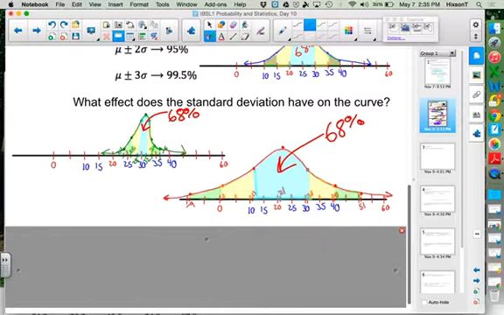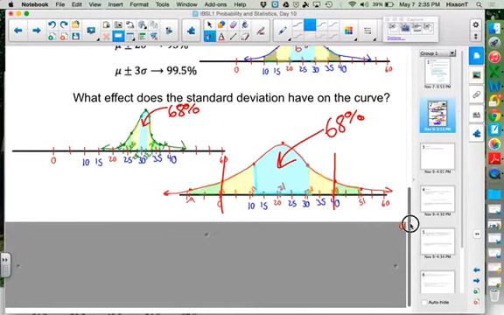Notice here, if it's normally distributed, Chebyshev's theorem still applies, because 2 standard deviations gives us 95%, which is at least 75%. Chebyshev's theorem applied no matter what the distribution was. Here for the normal, we can get more specific and more exact.